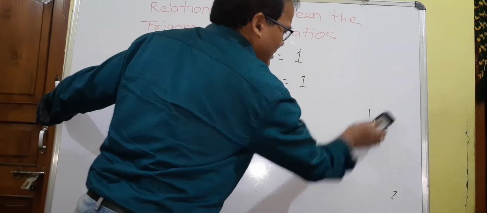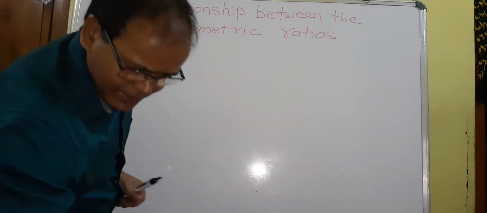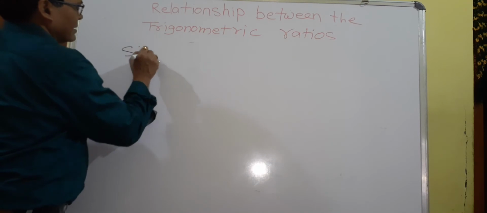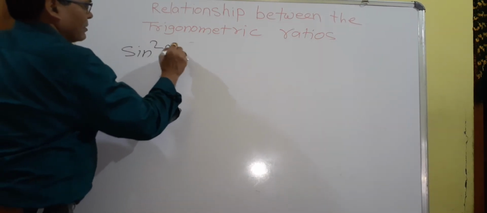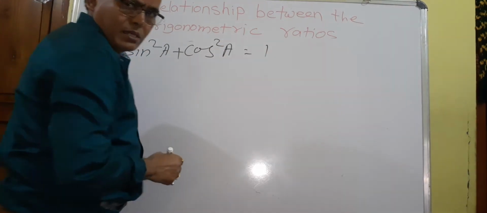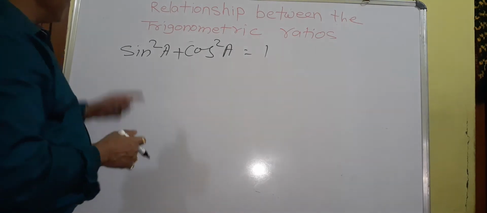These 3 formulas you have to memorize, and one more formula is there: sine square A plus cos square A is equal to 1. From here again we can make some formulas. The main formula is this.